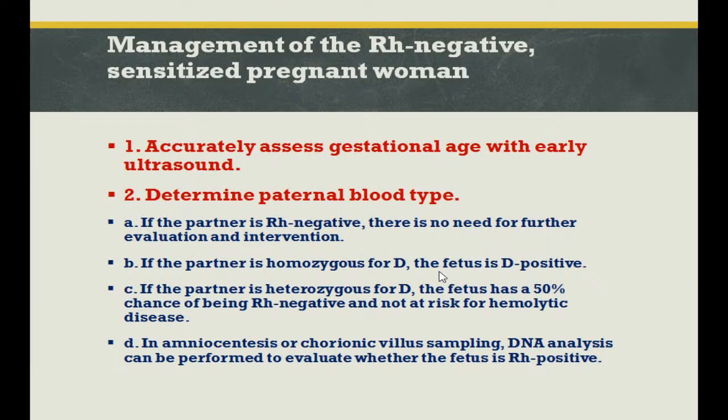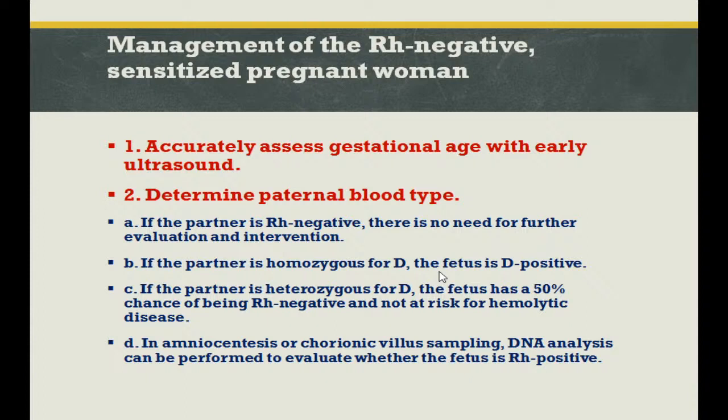So, management of rhesus negative sensitized women. Accurately assess gestation age with early ultrasound. Everybody understands why it is necessary. Determine paternal blood type. Everybody understands why it is necessary. If the partner is rhesus negative, we have no problem at all, there is no need for further evaluation and intervention.